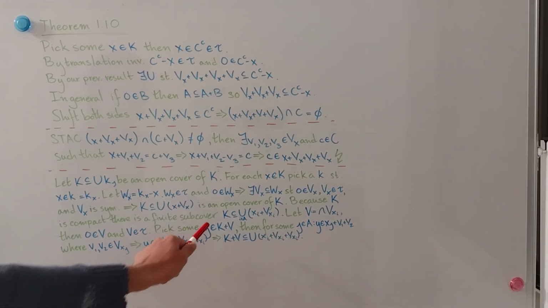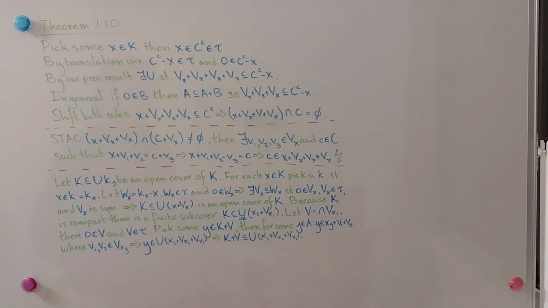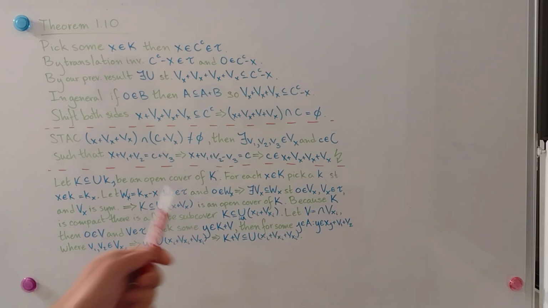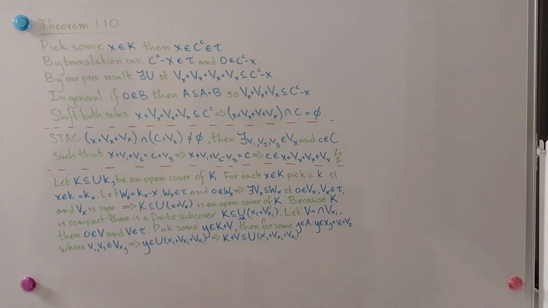Pick some y inside of K plus V, then for some j in A, so for some index, we can say that y is of course equal to x sub j plus v1 plus v2.